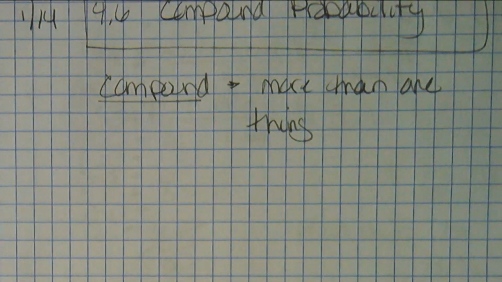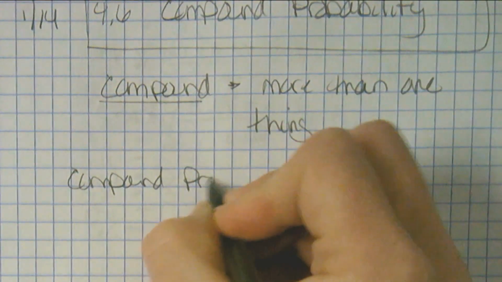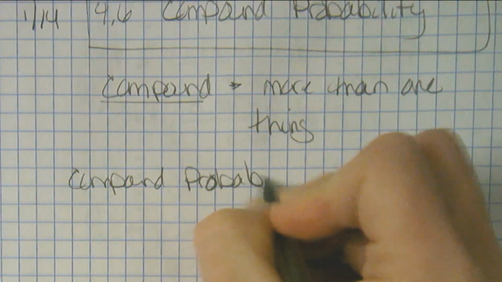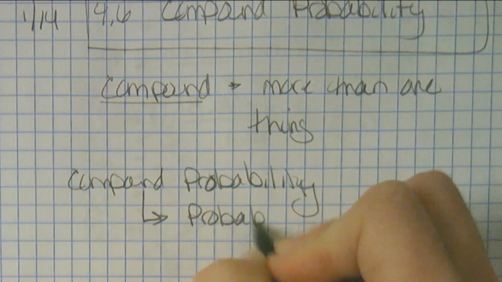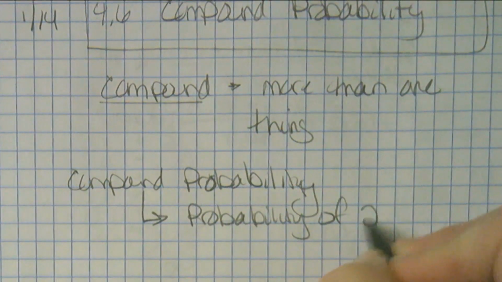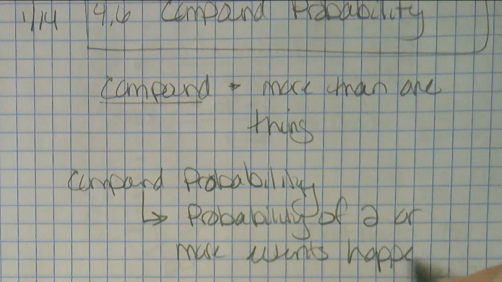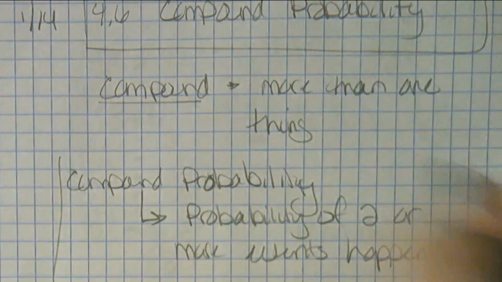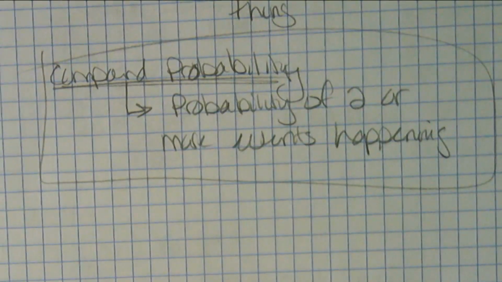Here, a compound probability is the probability of two or more events happening. That's what compound probability means. It's the probability of two or more events happening. We're going to do some examples, but I want you to have in your mind, oh, that makes sense.